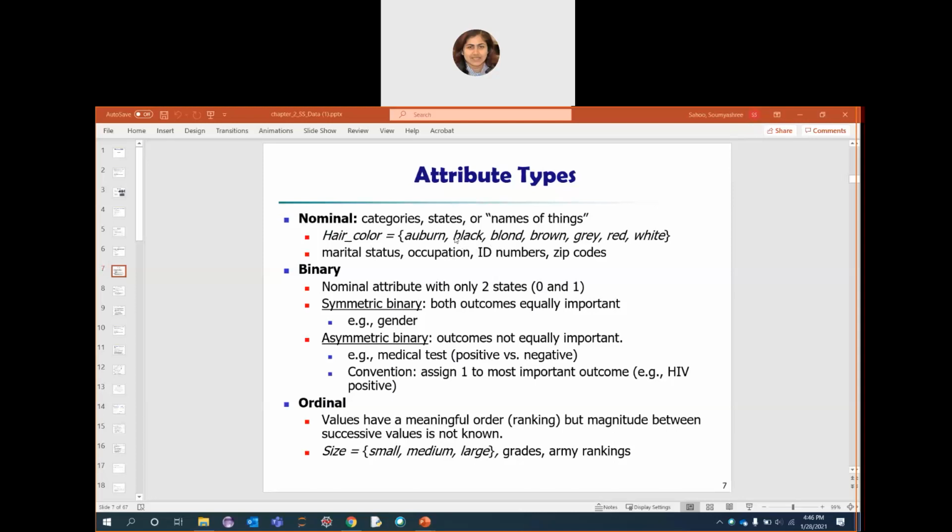Hair color and marital status are types of nominal attributes describing a person object. Hair color, marital status, occupation, ID number, zip codes, they don't have to obey a particular order. Anything of a noun or name type comes under nominal.